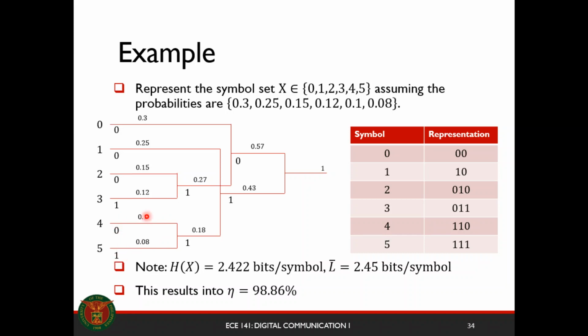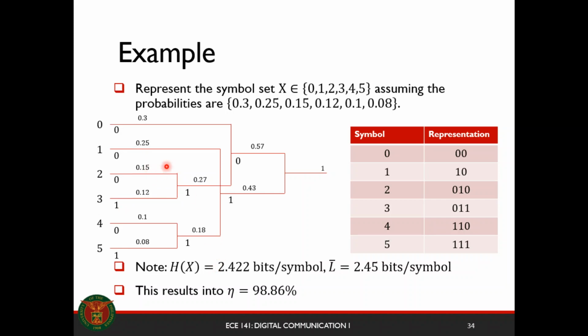Now add their probabilities. You get 0.18. What is left here is 0.18, 0.12, 0.15, 0.25, and 0.3. As you can see from this set, the lowest probabilities are 0.12 and 0.15. So you combine them together, you get 0.27, and then you assign bits 0 and 1 to the symbols that you combined.